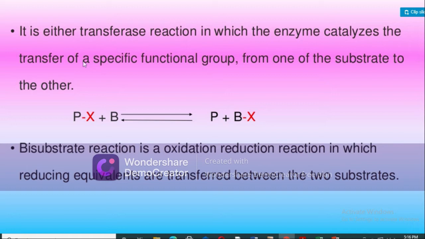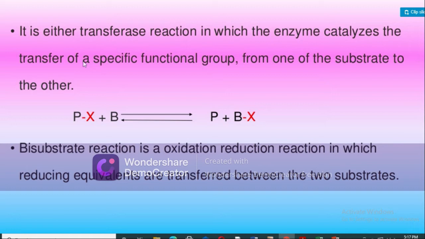So most of the transferase reactions involve the bi-substrate reaction mechanism. A bi-substrate reaction can also be an oxidation-reduction reaction in which reducing equivalents are transferred between the two substrates. So ladies and gentlemen, from here you can see that most of the bi-substrate reactions are redox reactions. When you say redox reaction, it means a reaction in which both oxidation and reduction take place simultaneously.